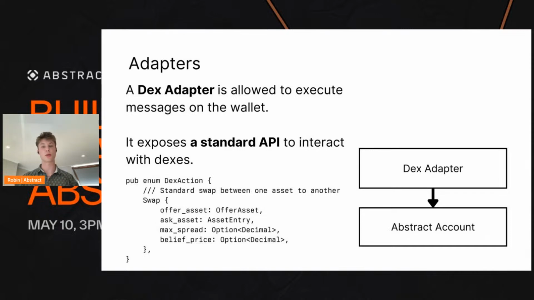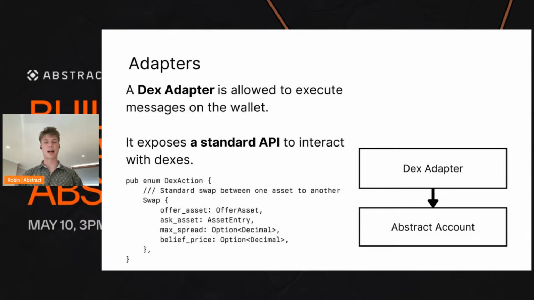So we actually created that smart contract, and it's called a DEX adapter, and it exposes a standard API to interact with DEXs. This enum that you see is a little snippet of the API that we expect in this DEX adapter when you call it. One of the variants is swap. In the swap, you tell it what the offer asset is. In this case, it could be USDC, as well as the amount, like 100 USDC.